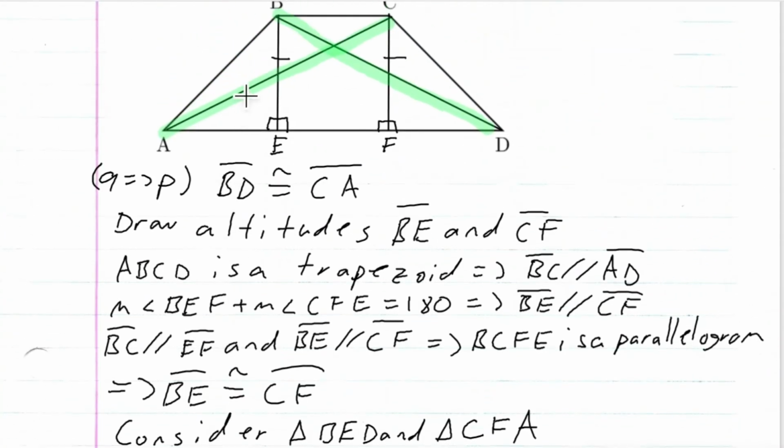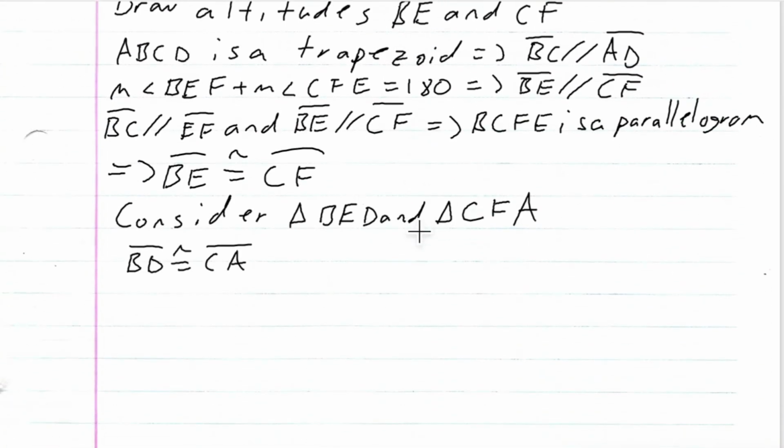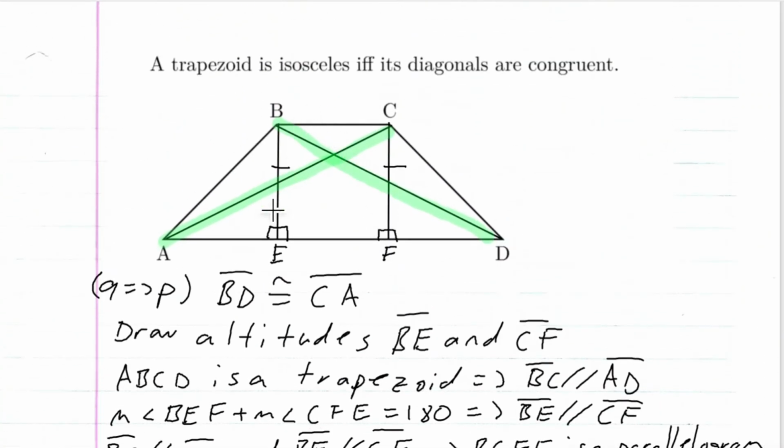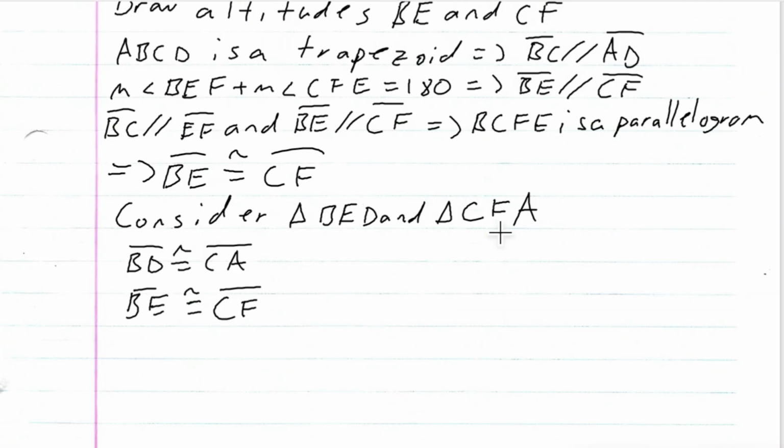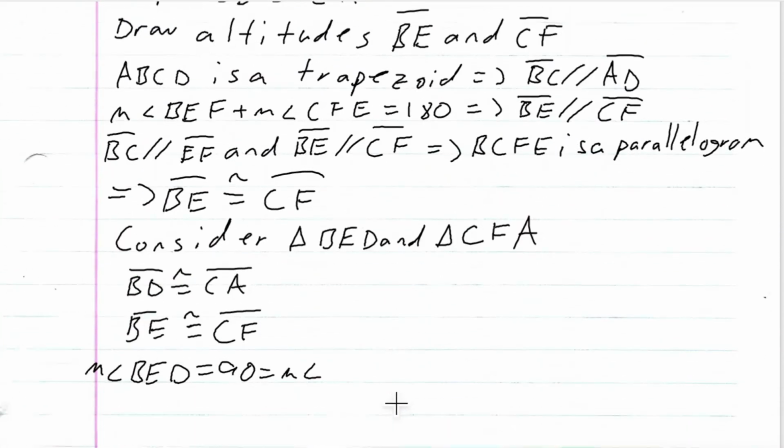We have leg congruent to leg, BE congruent to CF. And, of course, the measure of angle BED is equal to 90, which equals the measure of angle CFA, right?